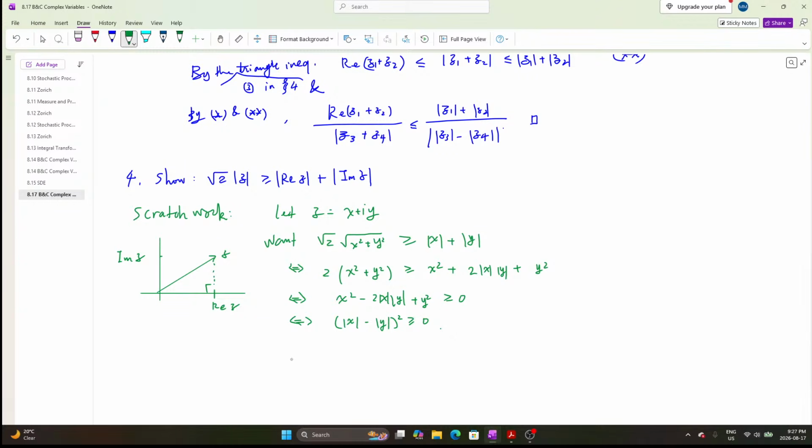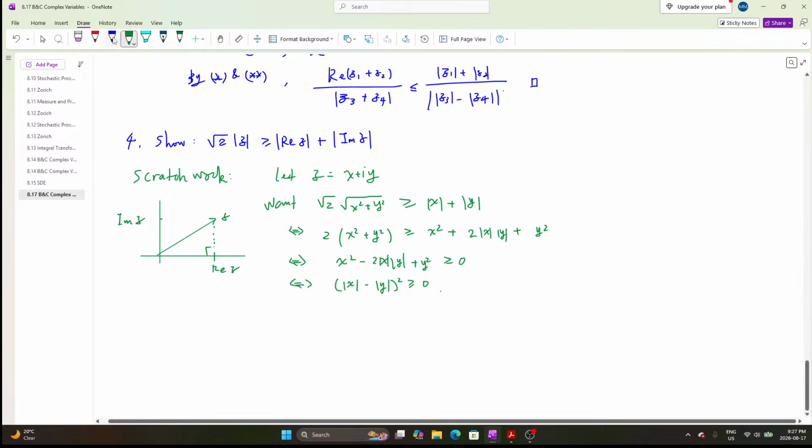And to write the proof, go forward starting with this and then deduce backward. Right? So this is a very typical proof of inequality. You try to reduce the desired inequality into something that is more well known. Okay, let z be x plus iy.